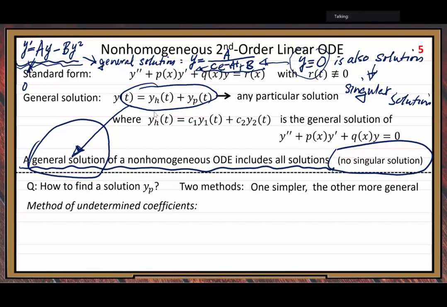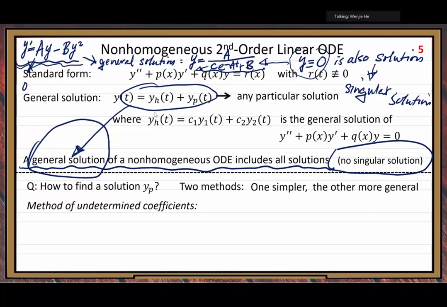The first method is the method of undetermined coefficients. This idea is very useful. We need to choose some appropriate coefficients, but when we choose them, we don't know what they are.